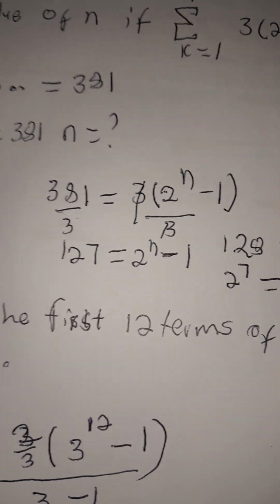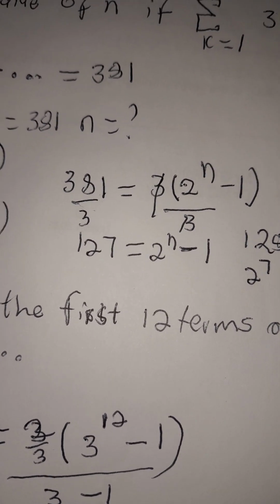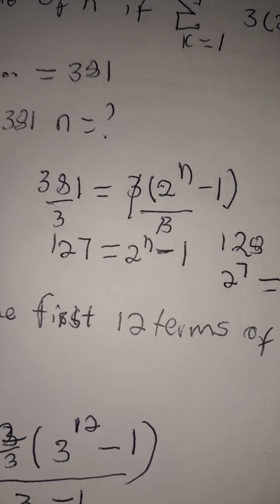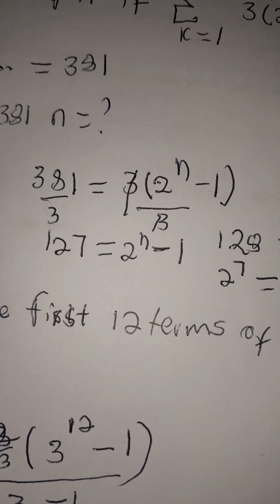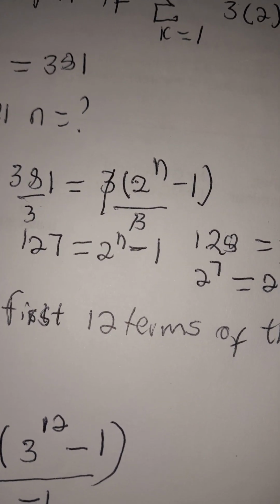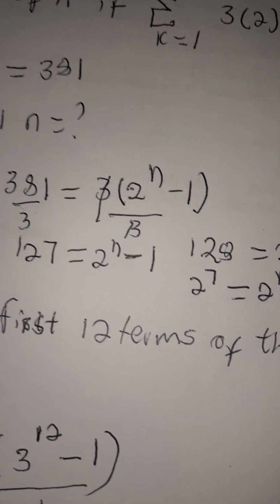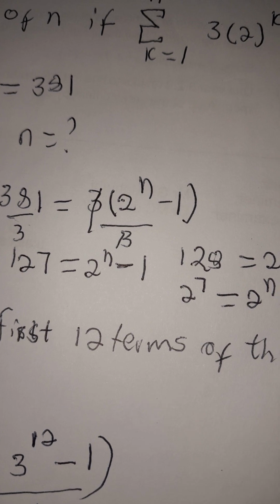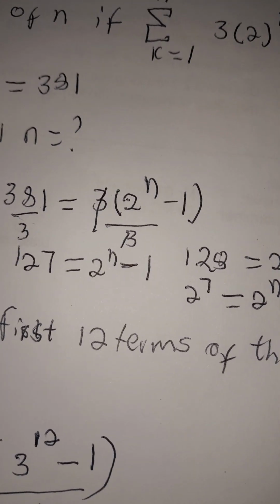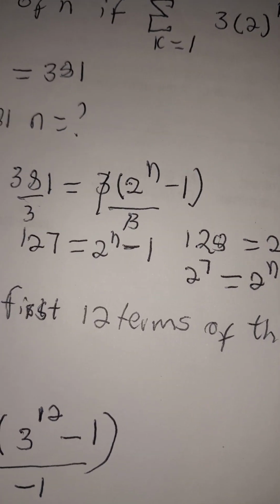So you could punch your calculator there. Let's see what we are getting. 2 over 3, times 3 to the power of 12 subtracted by 1, divided by 3 minus 1.